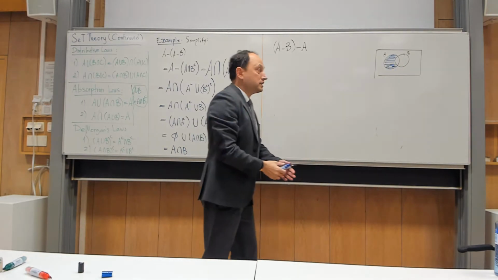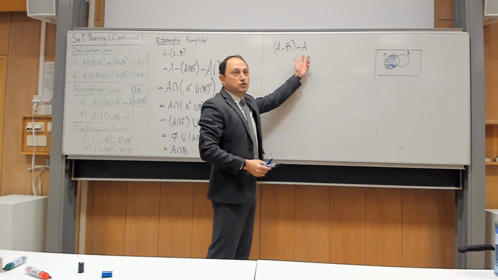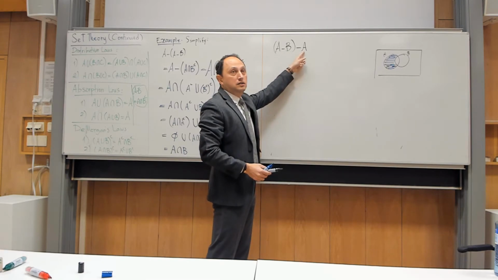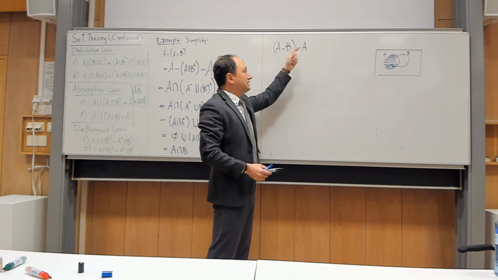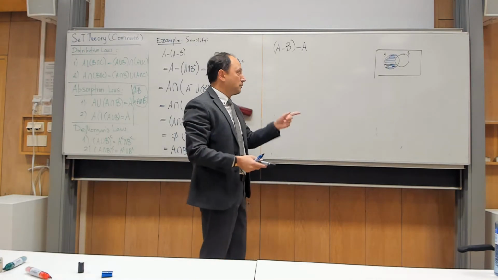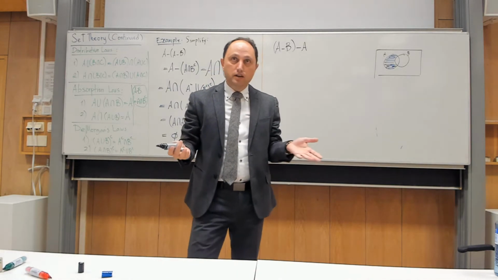But now, what is the meaning of this? This tells you that whatever is in here, but not here. So it means whatever in the blue one, which is not in A. Can you find something which is in the blue one and not in A? You cannot find that, so that's empty.